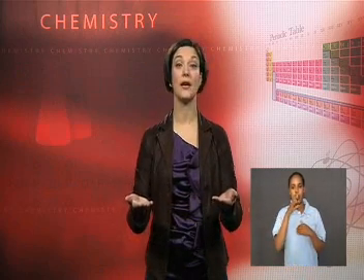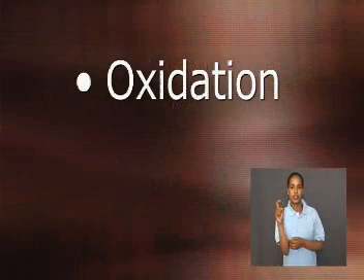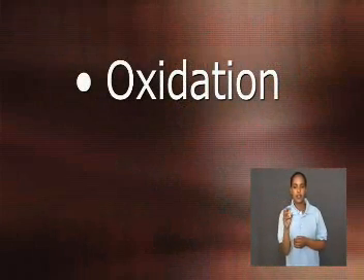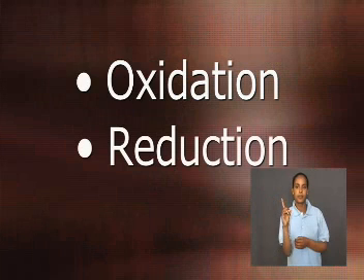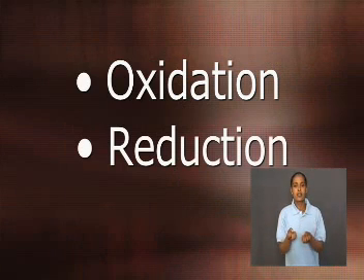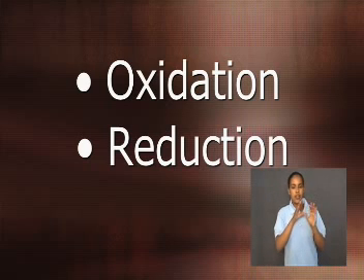Students, let us do an activity. We have been talking about oxidation and reduction. In a moment, several defining characteristics will appear on the screen. Please copy them all onto a piece of paper.